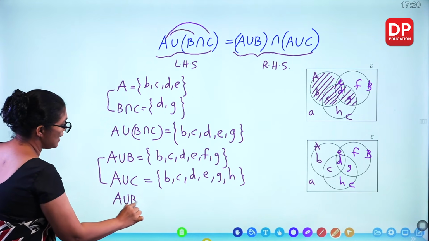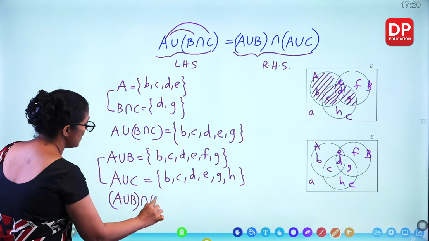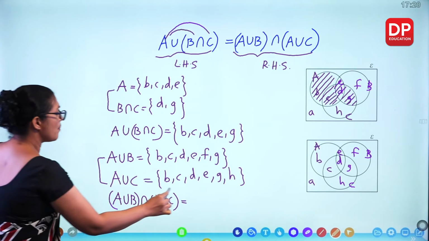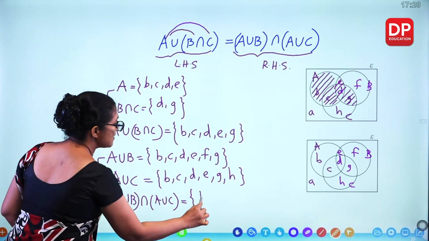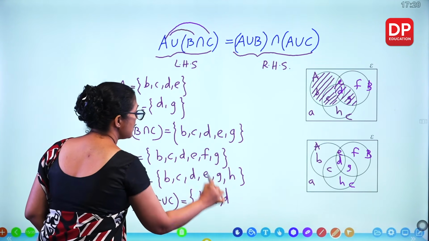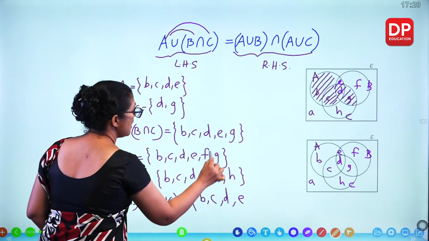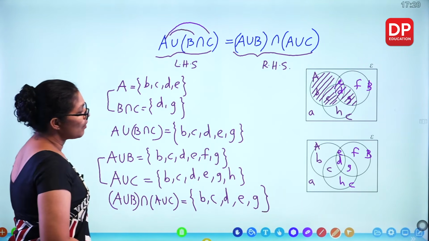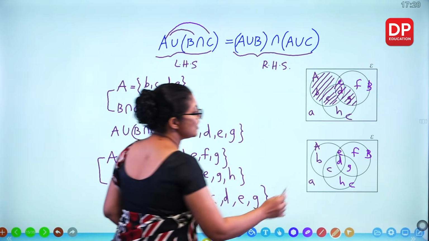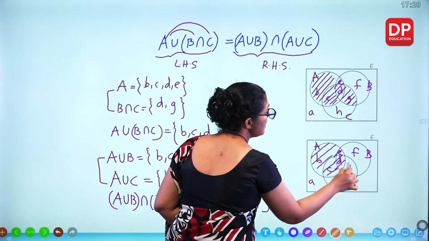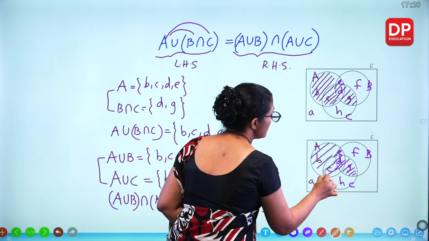A union B intersection with A union C. What's common? B is common. C, D, E and G. Now color B, C, D, E, G.